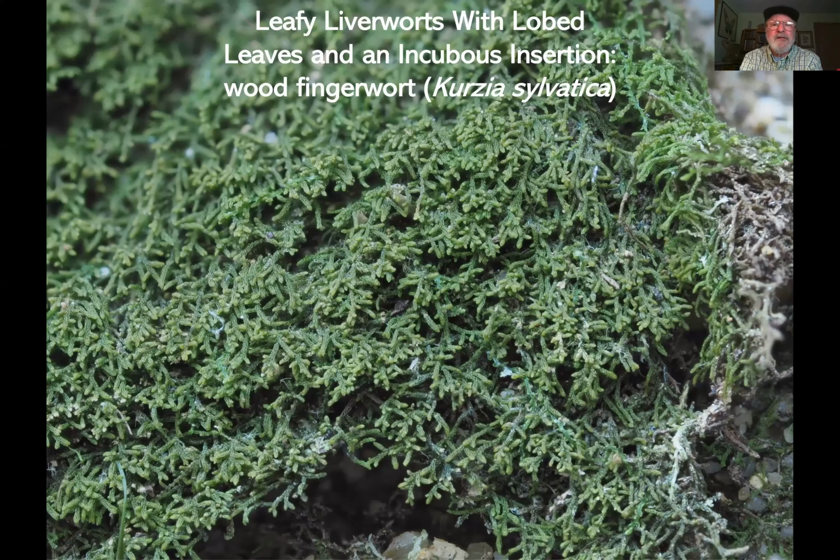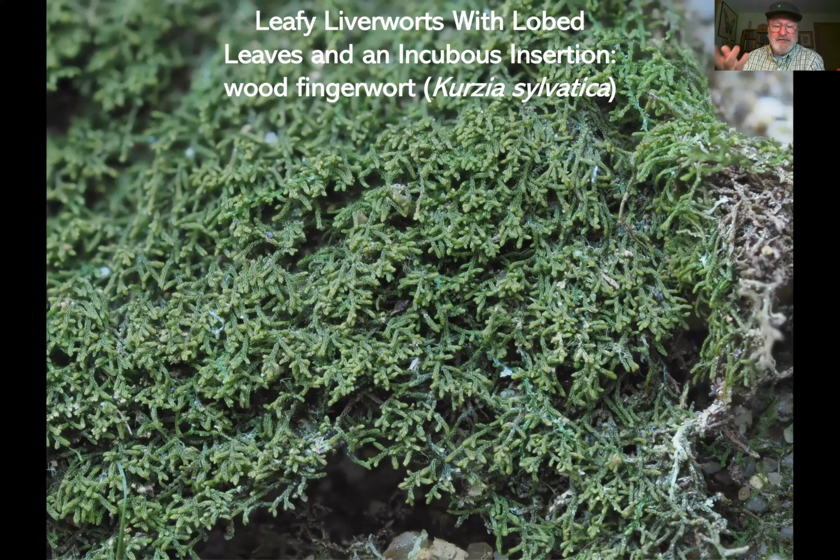Okay, here's one that apparently has an incubous insertion. That's how it's classified in Mary Lincoln's book. And this is one of the problems about my photography, the scale. You can't really tell by looking at this. This is really tiny. This is full frame at 1:1 with a micro four thirds sensor.